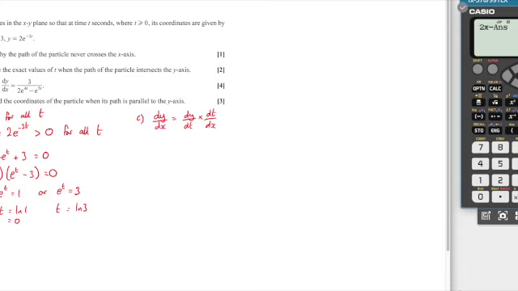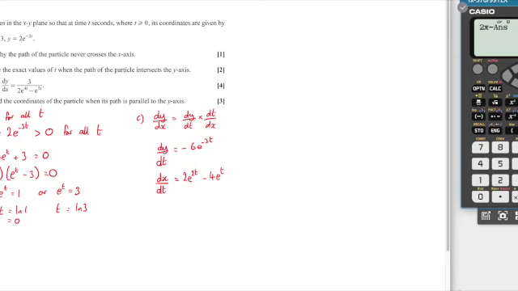So dy by dt is going to be minus 6e to the minus 3t. dx by dt is going to be 2e to the 2t minus 4e to the t, and the plus 3 disappears.